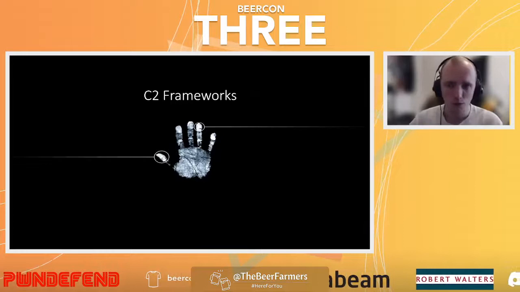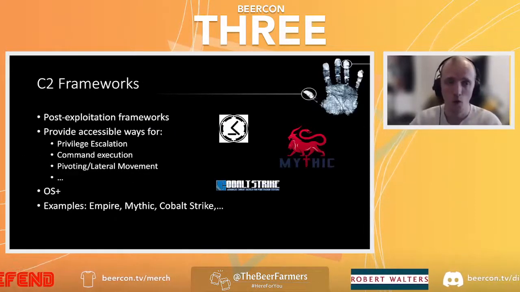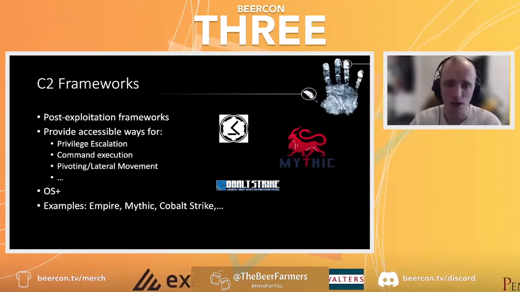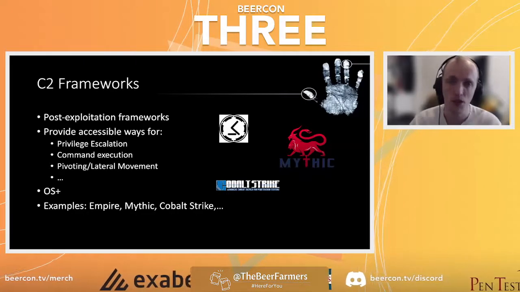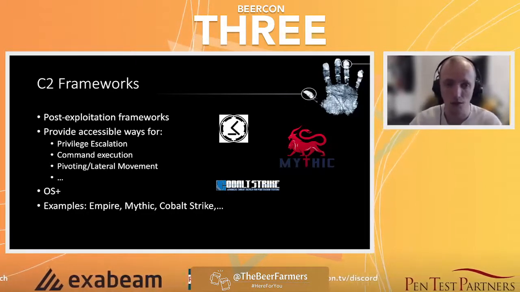Now I would like to quickly have a chat about C2 frameworks. What are C2 frameworks? C2 frameworks are basically post-exploitation frameworks. You can use them after having an initial foothold or initial compromise in a network.